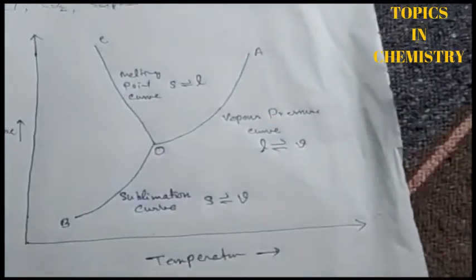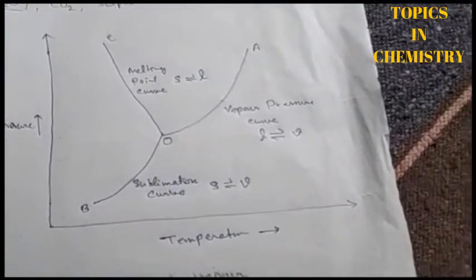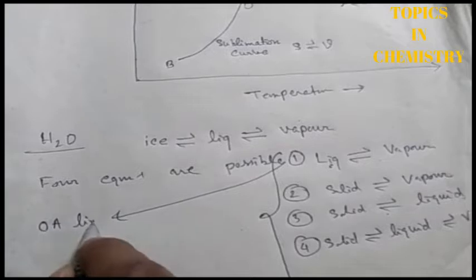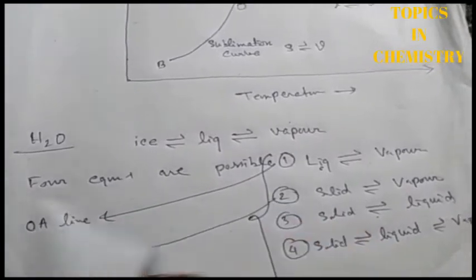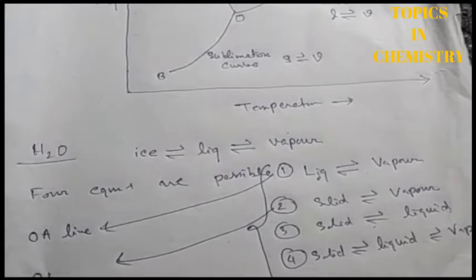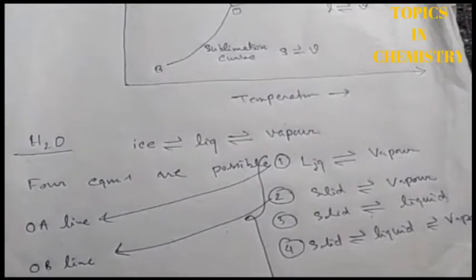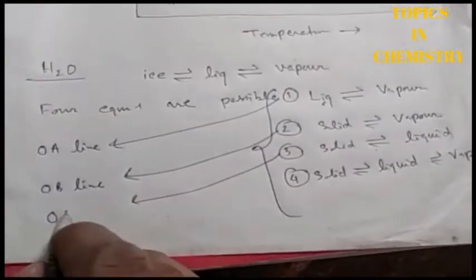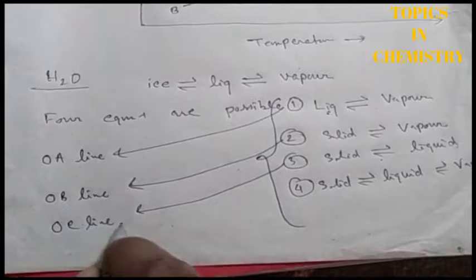Okay, so these are the four equilibria. So you can write here that this is represented by the OA line, solid and vapor equilibrium is represented by the OB line, and solid and liquid in equilibrium is represented by the OC line.